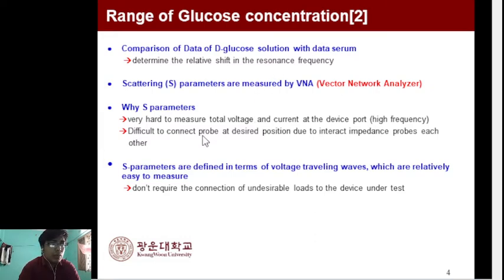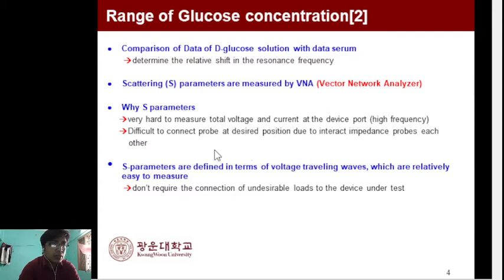Why S parameters? When we try to measure the voltage or current of a device at a port at high frequency, it is difficult to position the probe in the correct position, or the probes may interfere with each other.